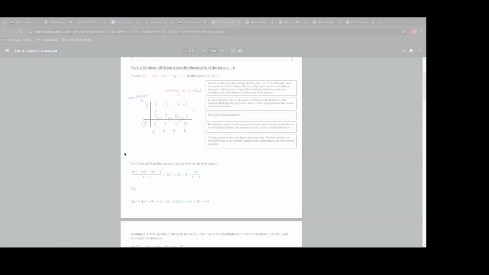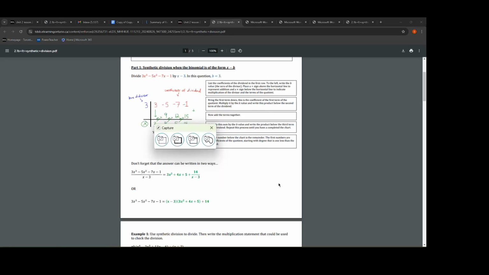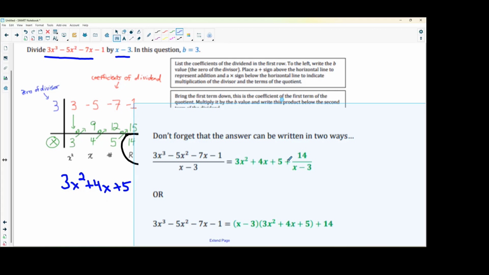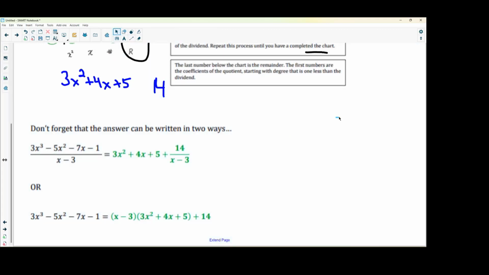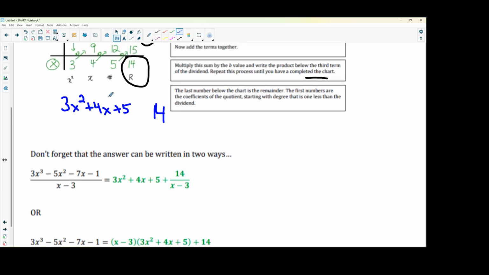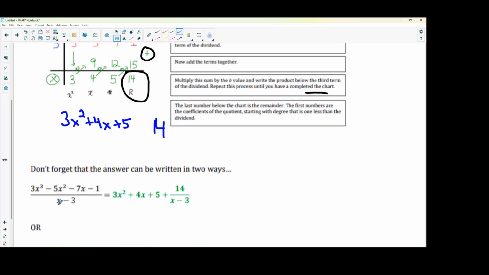The way to write that is in two ways, and hopefully you remember from last lesson. One way is taking the polynomial given initially, dividing it by the binomial, and it equals this value plus 14 divided by x minus 3.